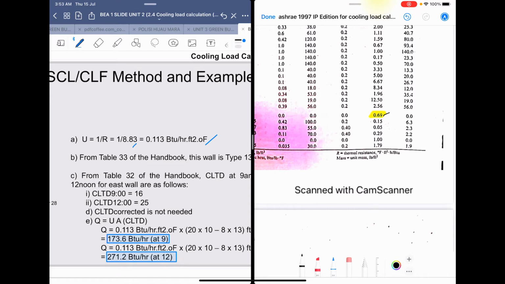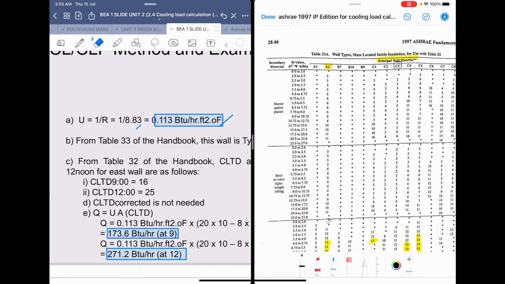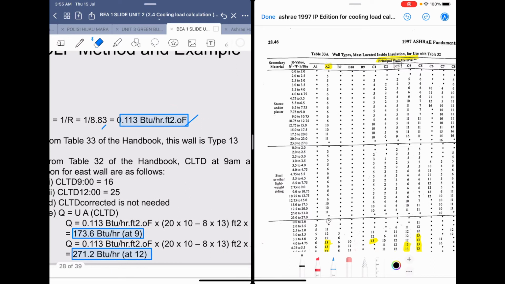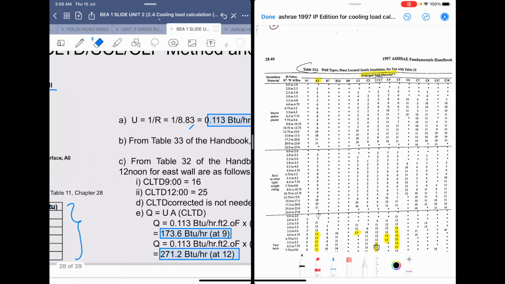This is the thermal transmittance value for the wall. Okay, we highlight it. From Table 33 of the handbook, we can get what this wall type is. The wall that is facing east, what is its wall type? So we refer to the ASHRAE 1997 Fundamentals, Table 33A.